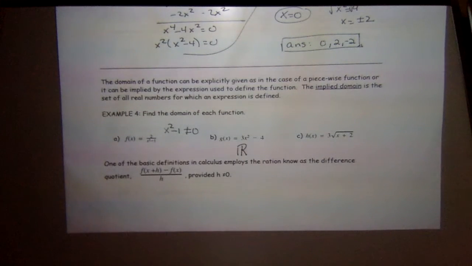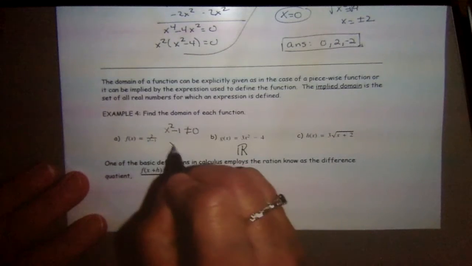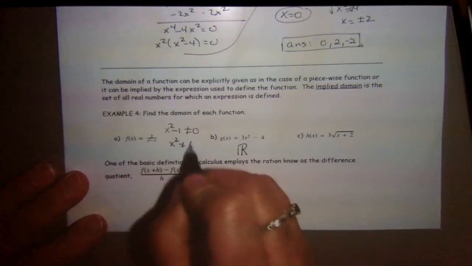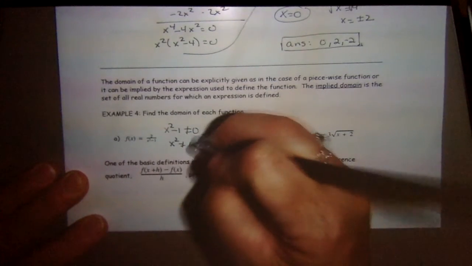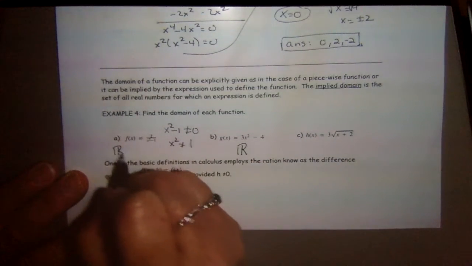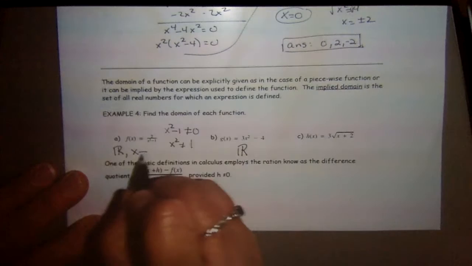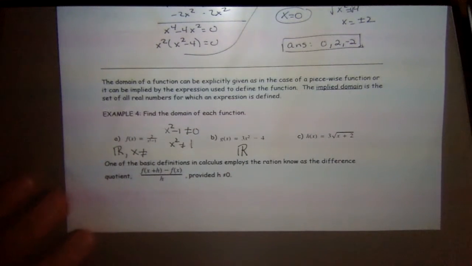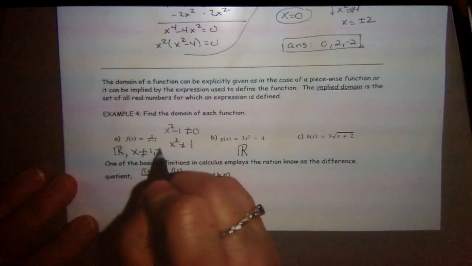Yeah, I can divide by decimals, I can divide by fractions, I can divide by whole numbers. I just can't divide by 0. So x squared cannot be equal to 1. So this is going to be all reals except x cannot equal what? Negative 1 or 1.